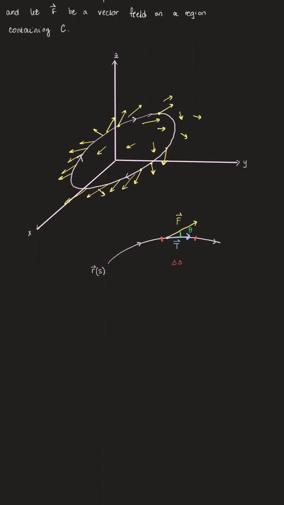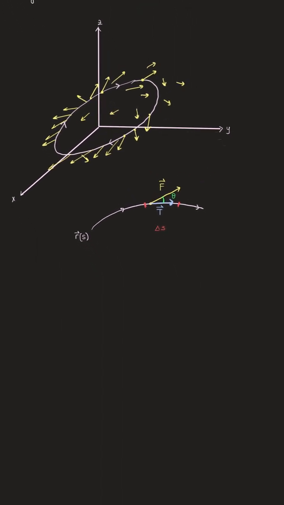So how much of it goes in the direction of the curve? To do that, we're going to think about the projection of F onto our unit tangent vector.